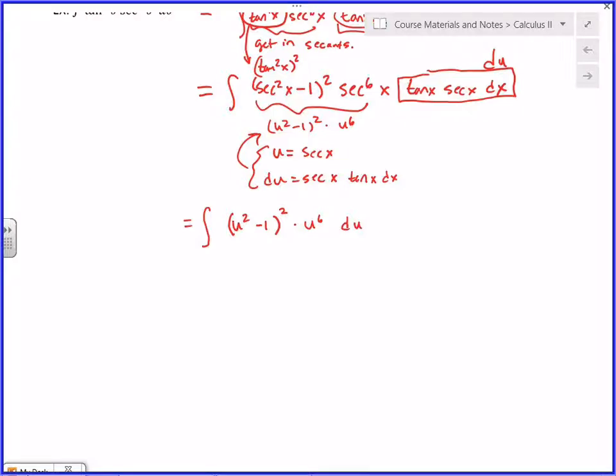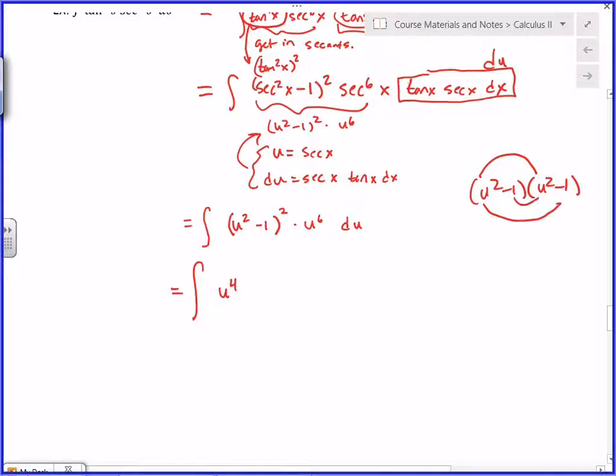Can you multiply out u squared minus 1 squared? Just FOIL. It'd be u to the 4th, minus 2u squared, plus 1, all times u to the 6th.